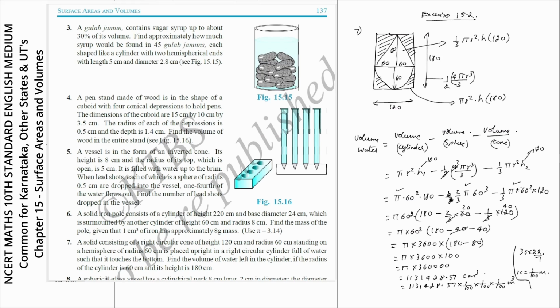Now 1 by 100 into 1 by 100 into 1 by 100 is equal to 1 divided by 1 followed by 6 zeros, 1 2 3 4 5 6. So now the decimal point will shift, I will get 1.3142 meter cube approximately. Volume of water is 1.3142 meter cube.